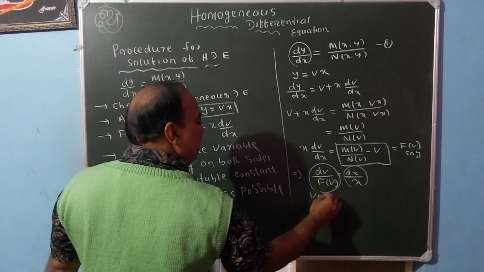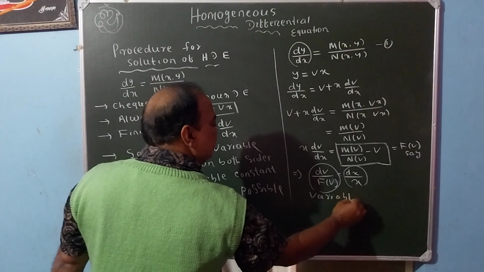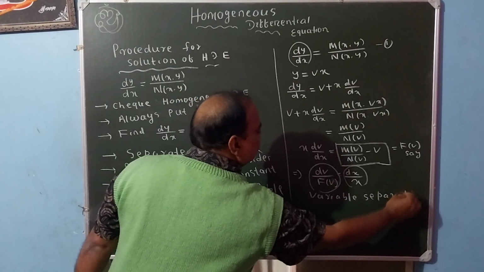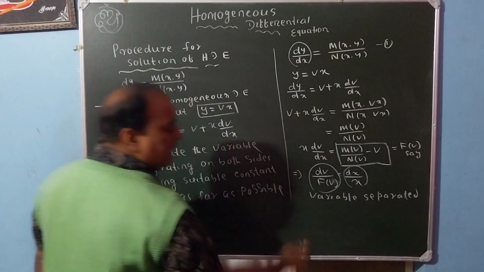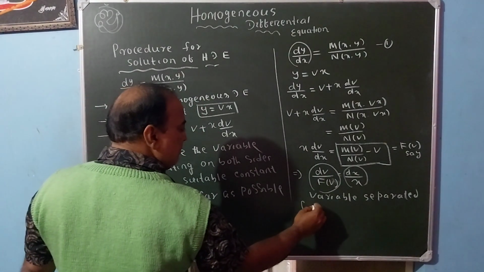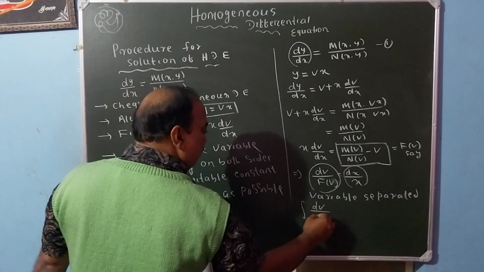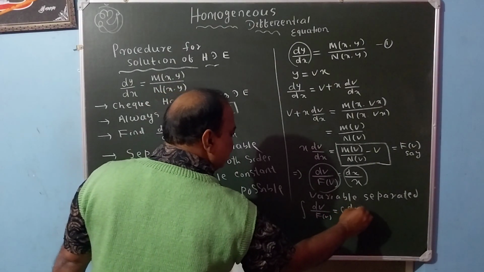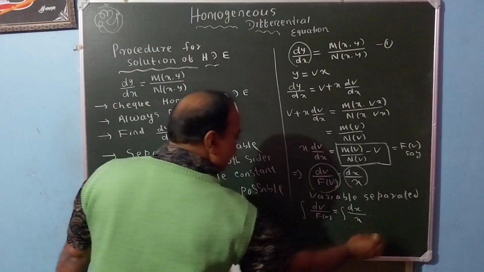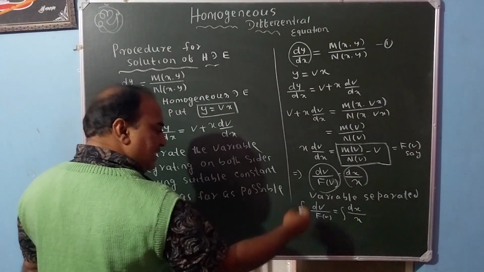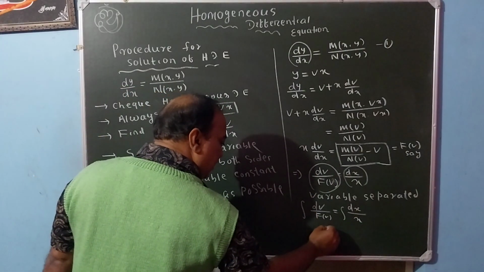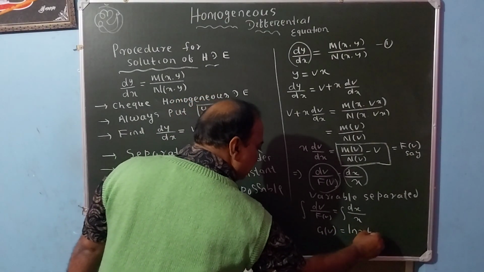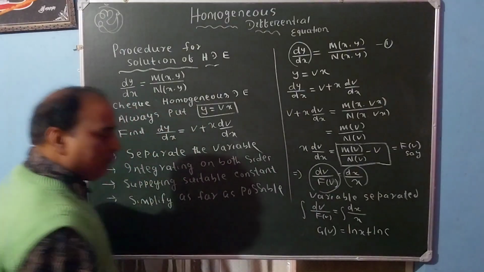Write down variables separated. Integrating on both sides, integral of dv upon f(v) is equal to integral of dx by x. Suppose after integration, it is a function of v, say g(v), it is ln x plus ln c. Okay.